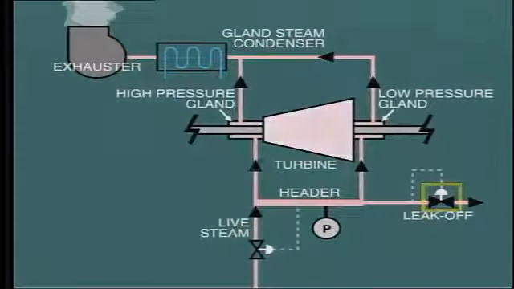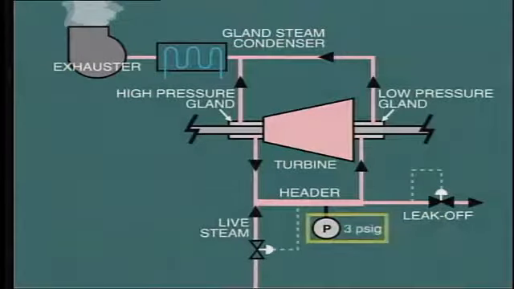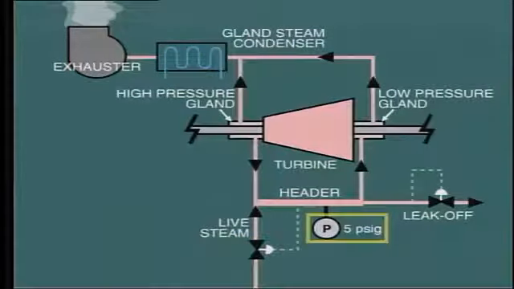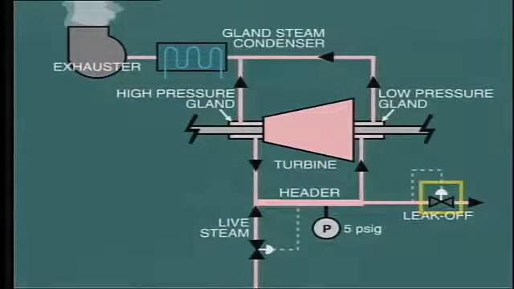When the turbine comes on load, the leak-off steam from the high-pressure gland feeds into the header and so raises its pressure. When the pressure gets to 3 psi, the live steam supply valve will close. When the pressure rises to 5 psi, the leak-off valve will open enough to maintain this pressure.